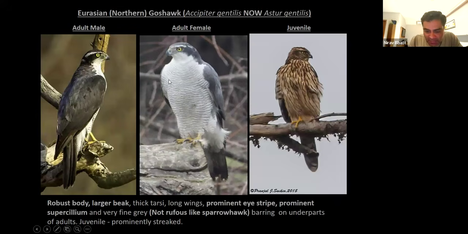But the difference here is the barring of a northern goshawk is always gray, unlike the rufous color of sparrowhawks. The juvenile of Eurasian goshawk has streakings, unlike the sparrowhawk, which is more of barrings and V-shaped markings.